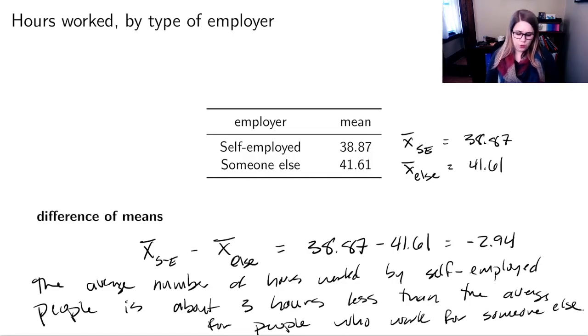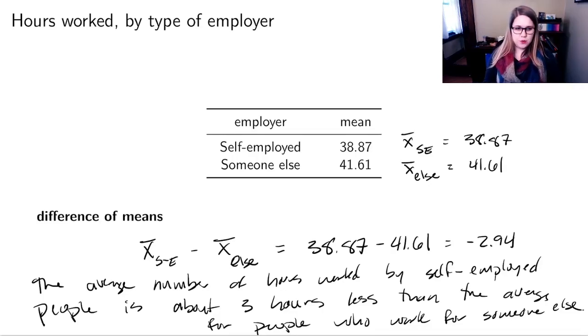And like I've said before, we don't have any tools to tell us whether that's a significant difference or maybe it occurred just by chance. We're going to learn about that as the semester progresses. But for right now, it looks like maybe there is a little bit of a difference. It's 3 hours, 2.94 hours, which I'm rounding to 3.